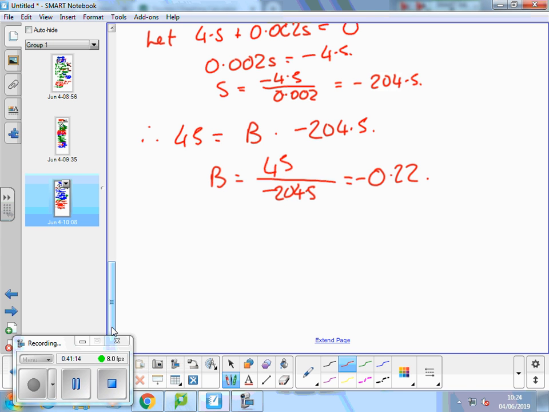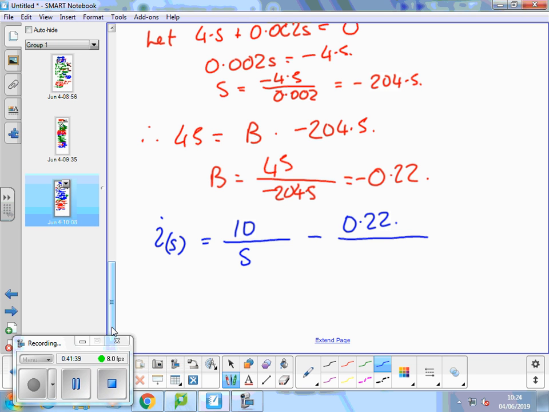So then we can put those back into the partial fractions we had earlier. So we can say I(s) is equal to A, which is 10, over s, minus 0.22 over 4.5 plus 0.022 s. Now what do we need to do?